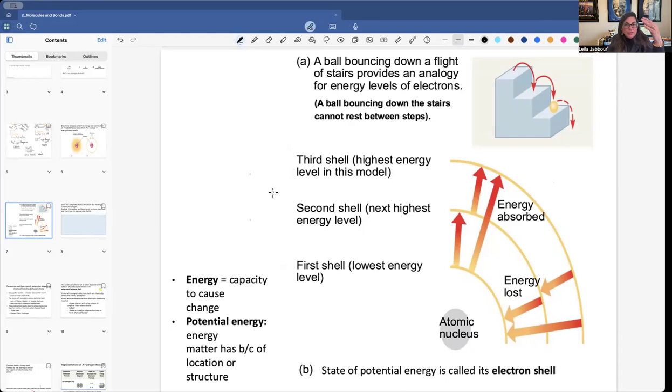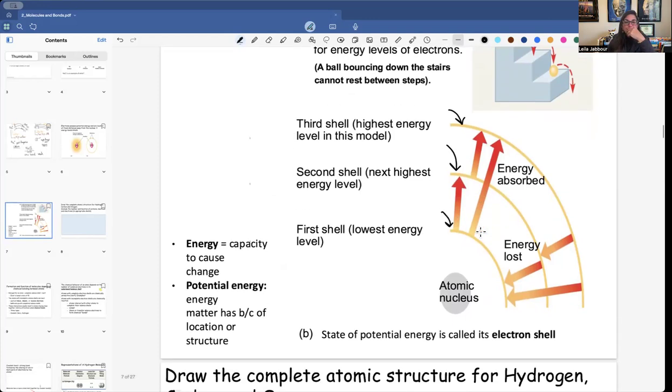Some of them are just going to be filled to the second one. Some others are filling the third one. So the highest energy level would be on the valence shell. Then the next highest would be the one below it, and the one below it, and the lowest would be the one closest to the nucleus. So the first shell.